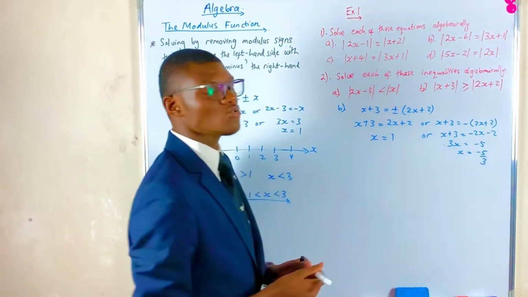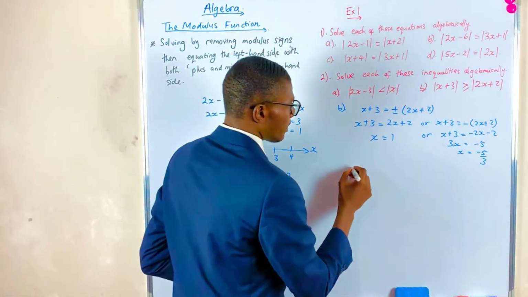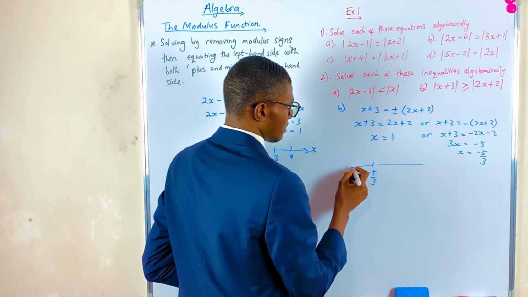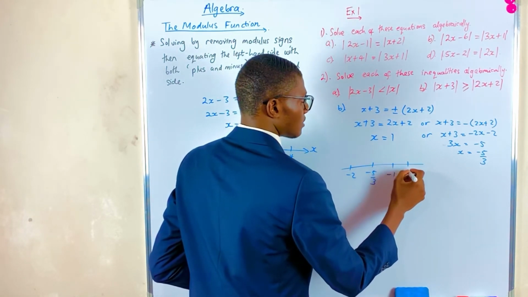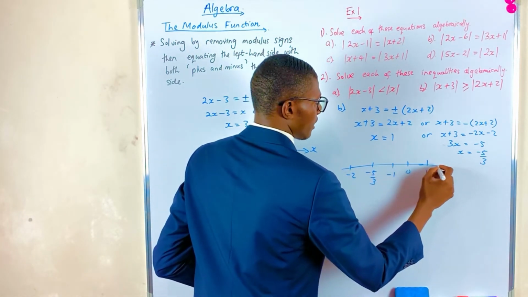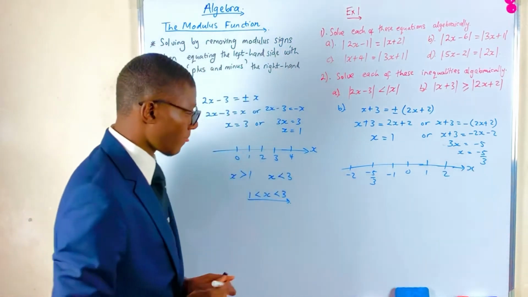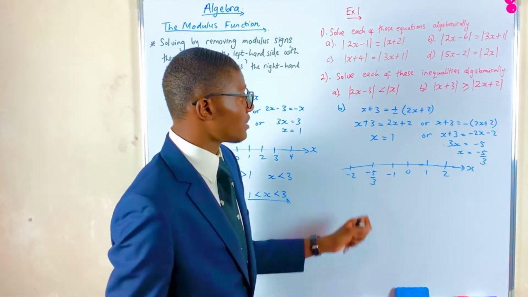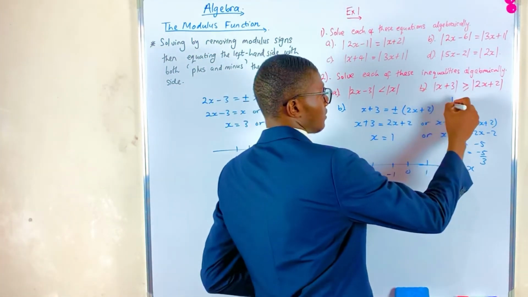So now we shall use these critical values to come up with the inequalities that we need. On a number line, we put minus 5 over 3, and then minus 2, minus 1, 0, 1, and then 2, as x. For the first critical value, let's say we pick minus 2. So minus 2 plus 3, that's 1.